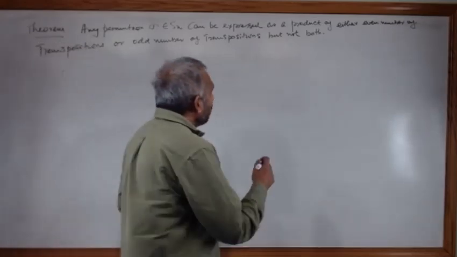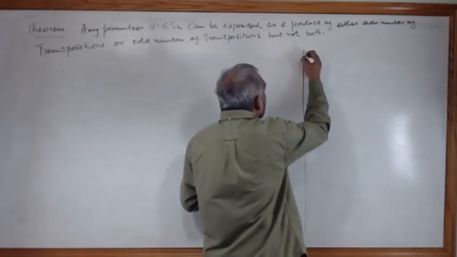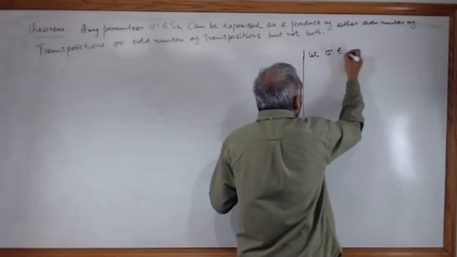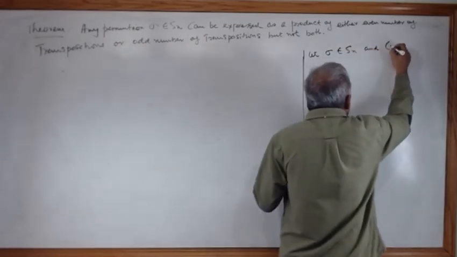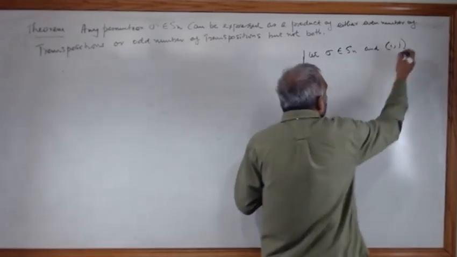So the way we are going to prove this result is like this. Let's take sigma, a permutation in Sn, and any arbitrary transposition (i j) in Sn.